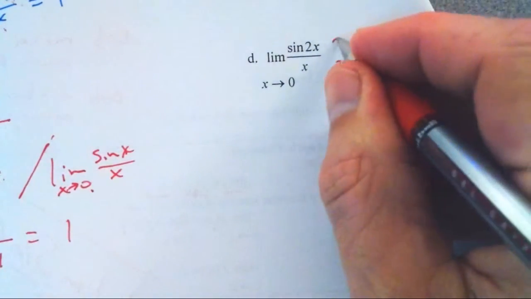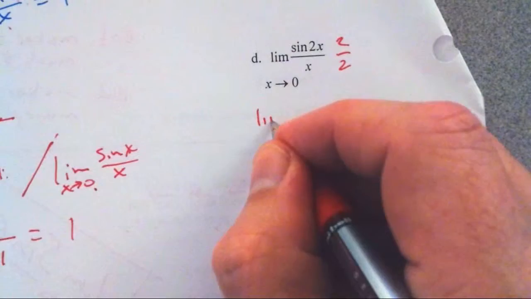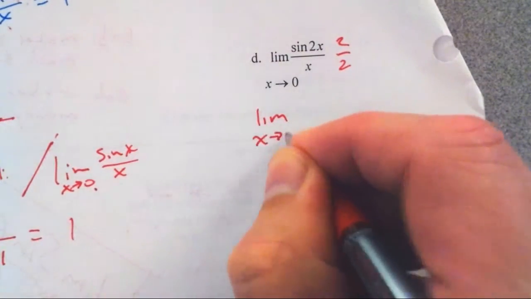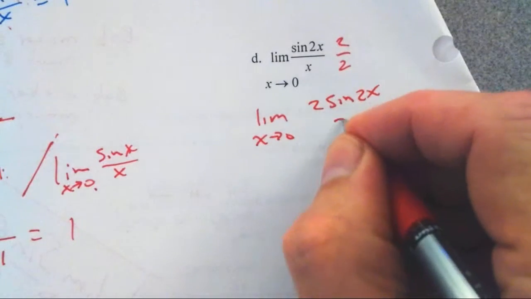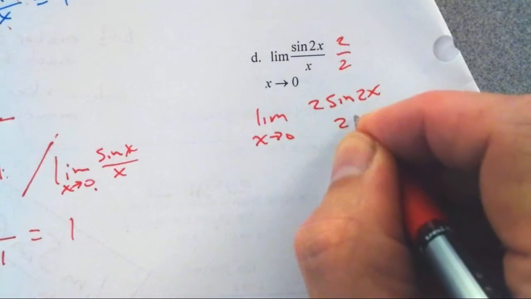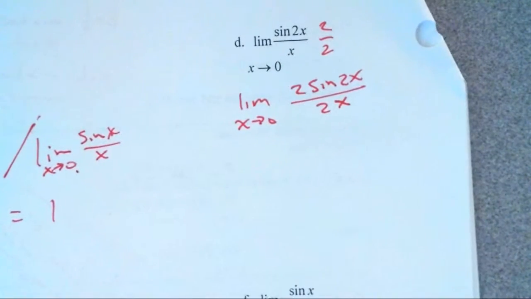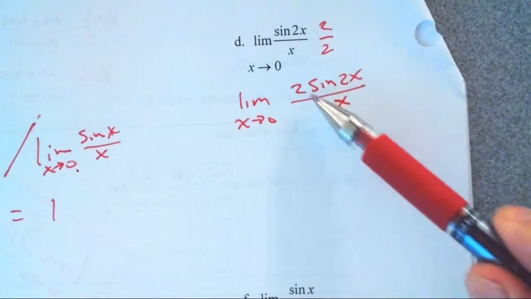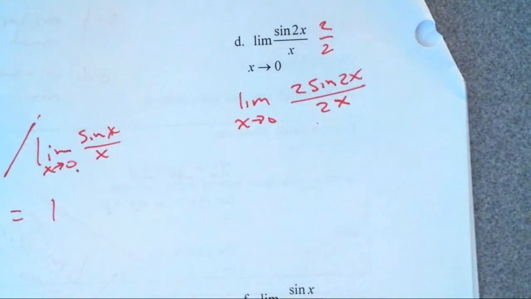Well, I'm going to multiply by 2 on 2. So I get limit as x approaches 0 of 2 sine of 2x all on 2x. Think I want to cancel these 2's? That's algebra ping pong. No, I love this 2x. I put it there.